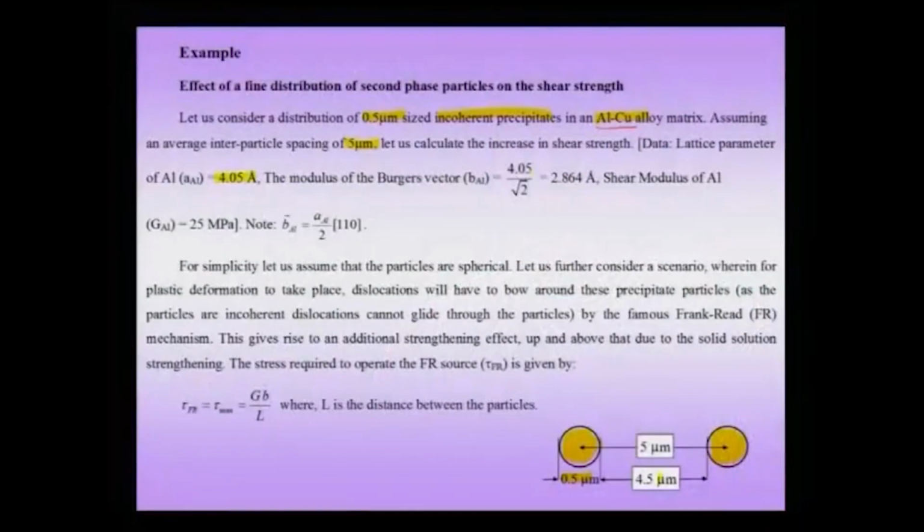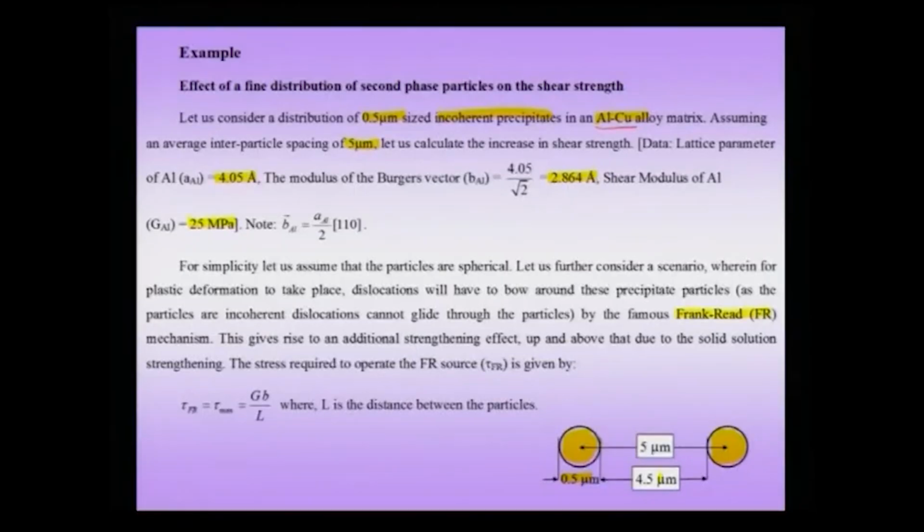The Burgers vector in the FCC lattice is root 2 a by 2, in other words it is a by root 2, and for this case it will turn out to be about 2.86 angstroms. The shear modulus of aluminum is 25 megapascals, and we will now make a calculation as to what is the increase in strength over and above the normal yield strength or the normal shear strength of the material.